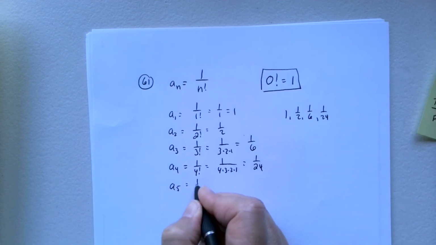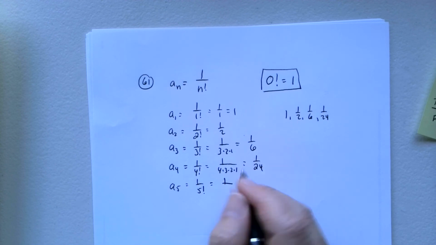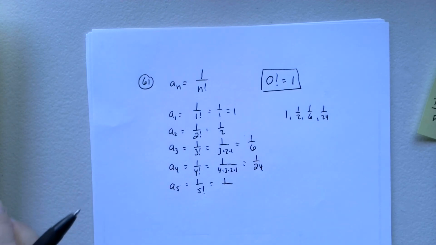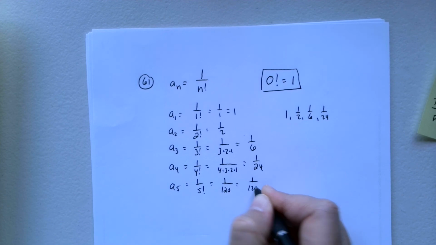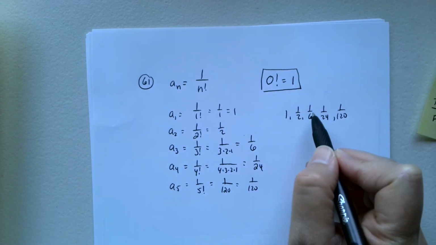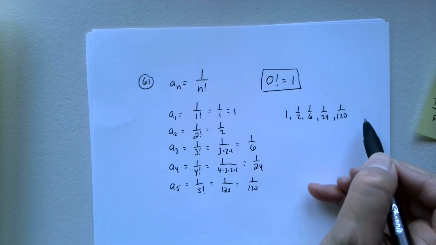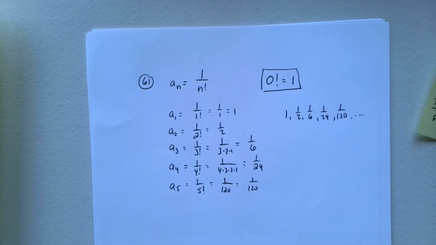And the fifth is 1 over 5 factorial. And we had 5 factorial just a minute ago. 5 factorial is equivalent to 120. And so our sequence is 1, 1/2, 1/6, 1/24, 1 over 120. And that just might help you with some of those problems from yesterday.